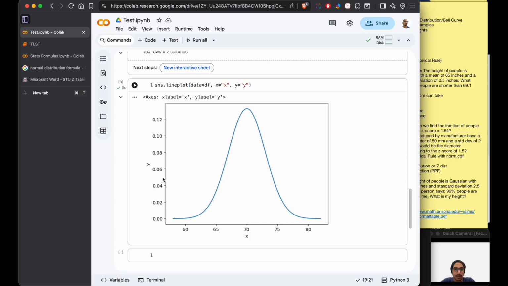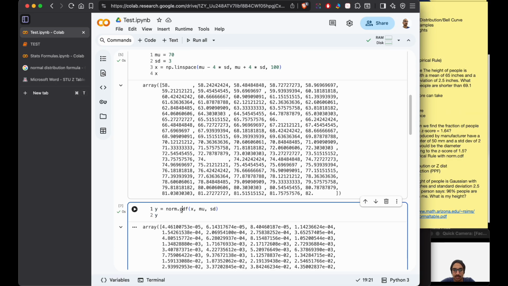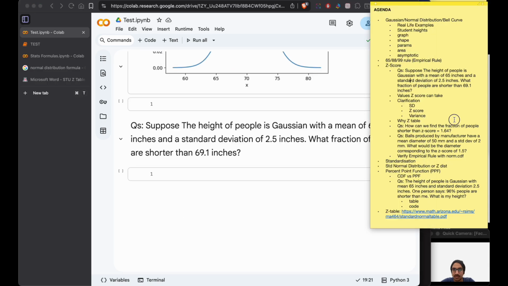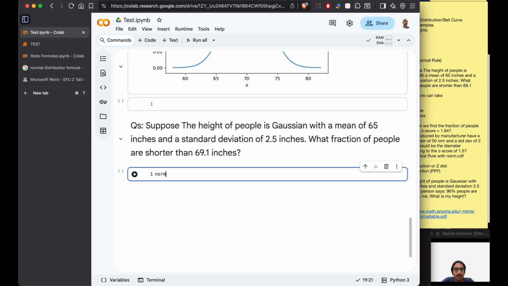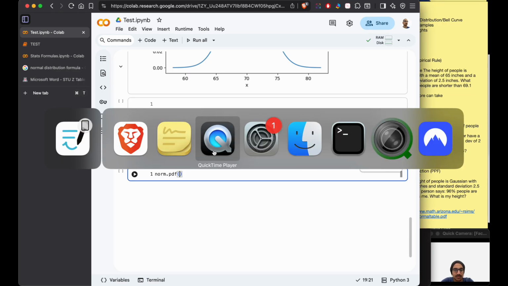So where is it? Yeah, this is the norm.pdf. So what we can do here is we can take norm.pdf here and pass the z-score value. What is our z-score value?